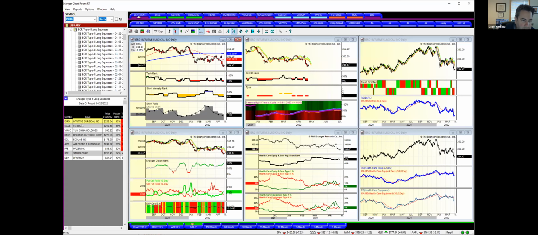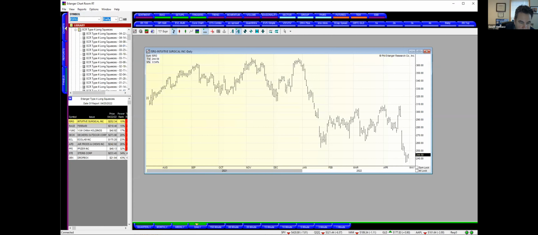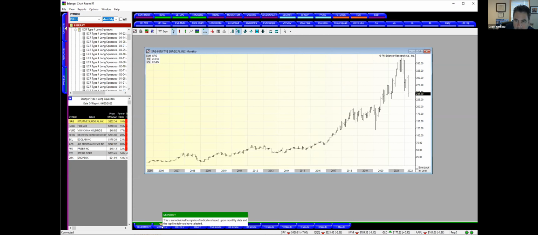But this Intuitive Surgical, let's do some longer term charts. Let's just simply do a monthly chart. Look at that. I like monthly charts right now because certain trends, if they get broken, it's like, uh-oh.